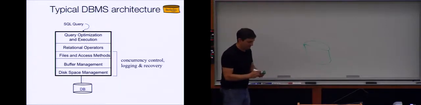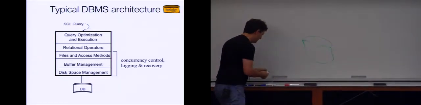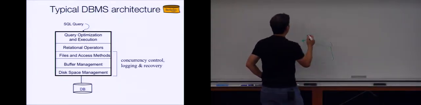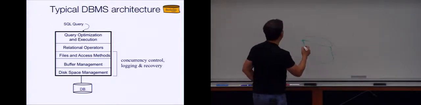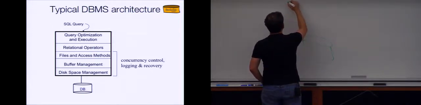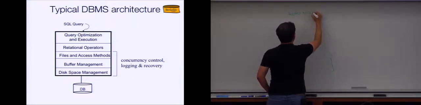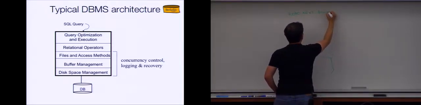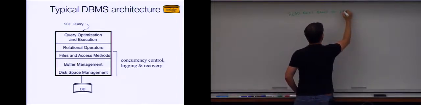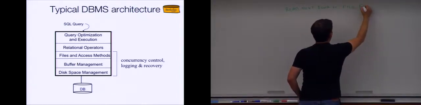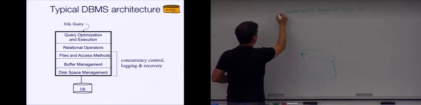It might be an SSD. It might be a magnetic disk, but we'll just draw it like a can. Here is your code, so to speak, that's requesting data: read next block of file F. Okay, there's some code in your system that wants to do that.